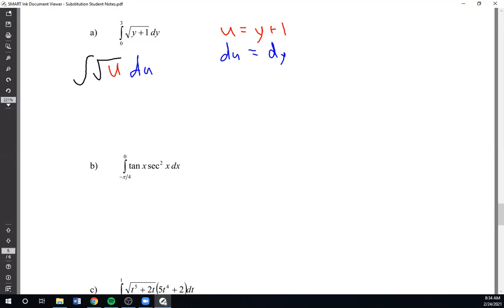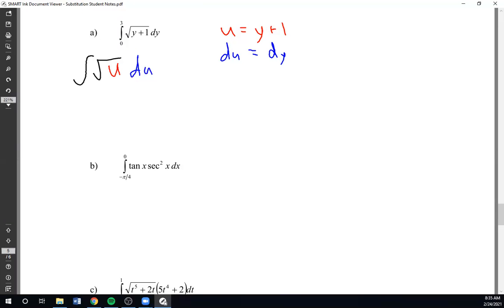We're not plugging in for y anymore, we're plugging in for u. The good news is we won't have to do the step at the end where we substitute back in for u. The complicated stuff we're just going to deal with in terms of plugging in for u. But that means we need to figure out what to plug in for u.